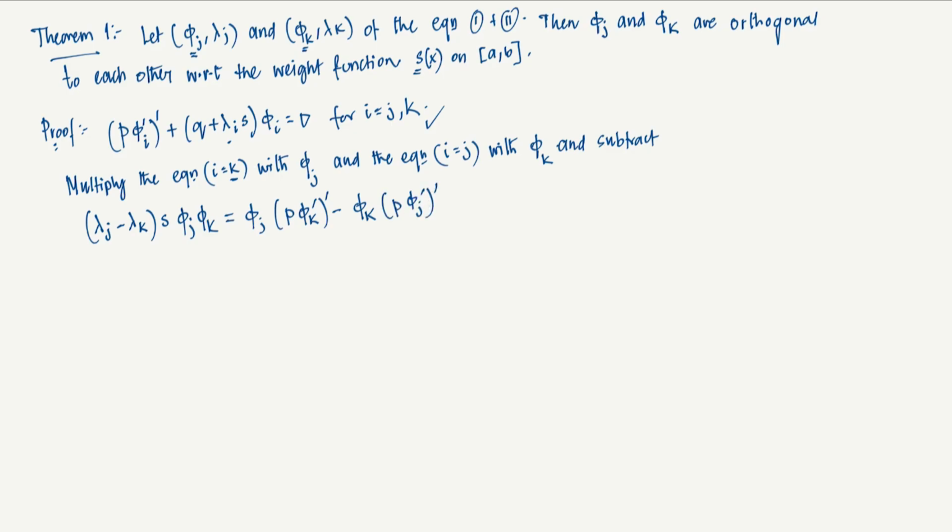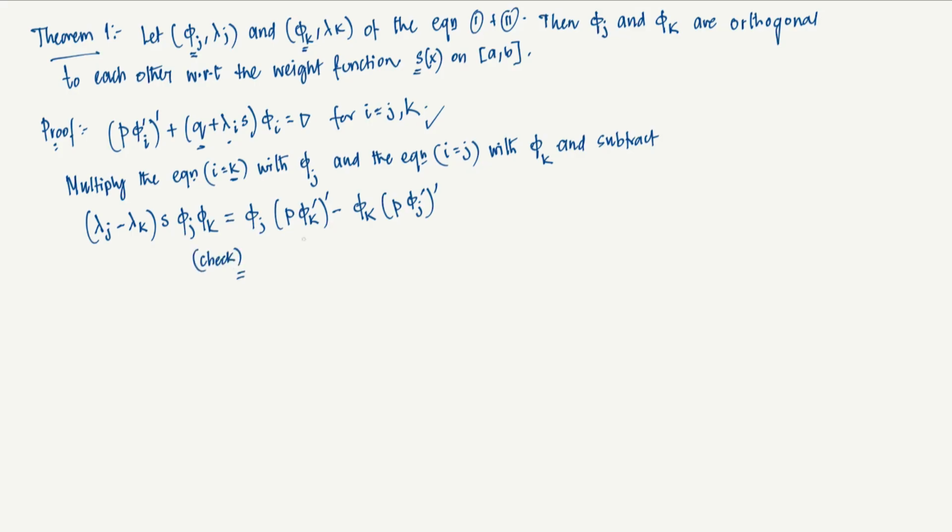Okay. I mean, if it is not clear, please do it yourself, and you can see this is happening. You see this q term, q phi k phi j, that is going to be getting cancelled with each other, so there is no q term. Okay. Now this part I need you to check. So this is very simple, but please check this thing.